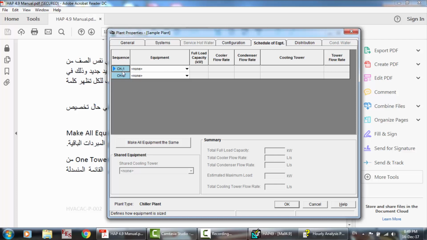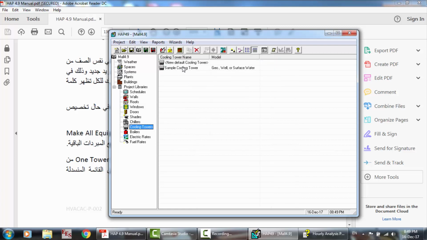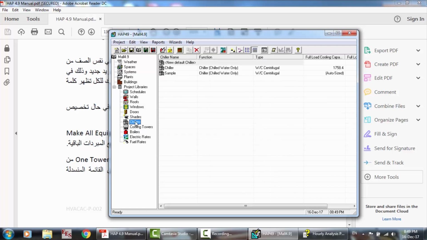You may get the sample. Here it's auto, and here the cooler flow rate and the condenser flow rate, and which cooling tower. Maybe the sample cooling tower that we already have in the library. You come here to cooling towers for the sample, so you can get it. Also, you can get the sample chiller. We have here a sample chiller.